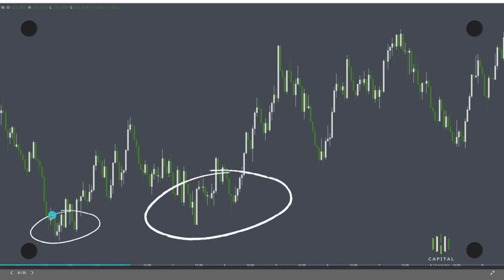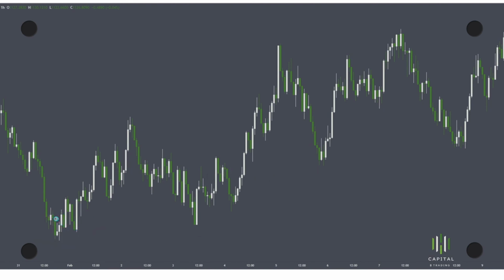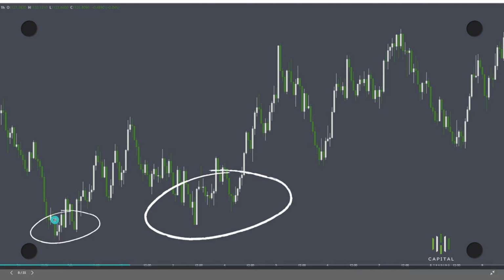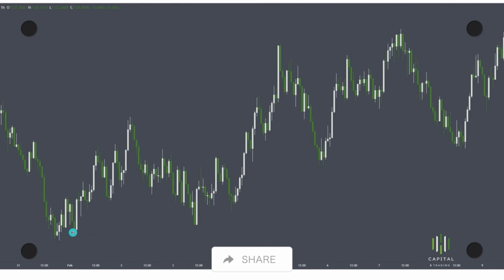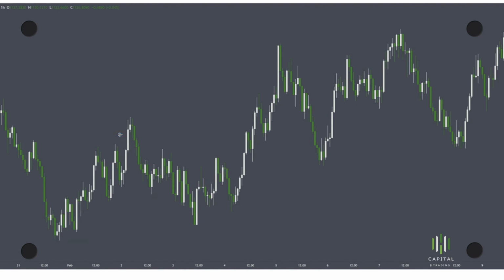They took out the high of this candle and went up, and then they came back and found support in this area or at this level. So we are going to find an entry. We utilize this to find a buy. We go long here and then exit at a specific level on the upside, right?